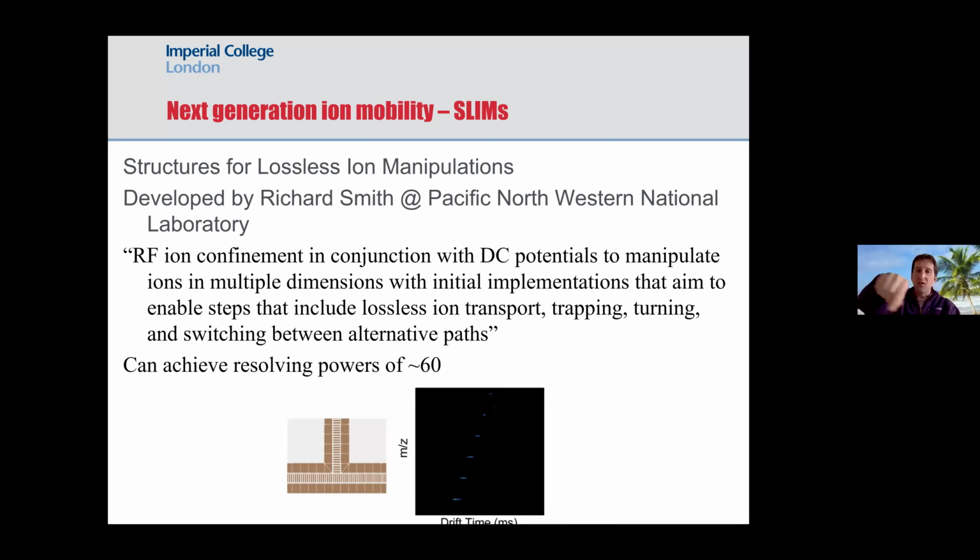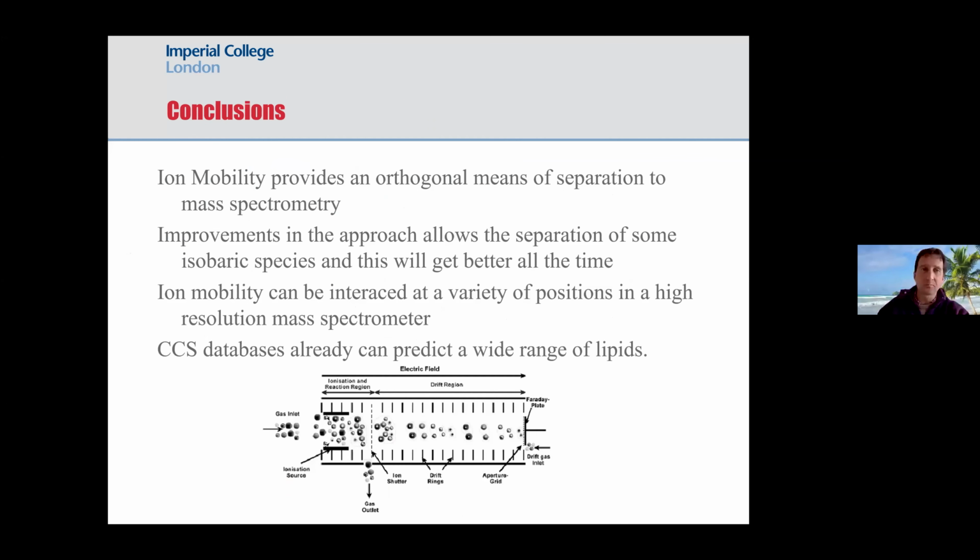And again, you can get ions to go around 90 degrees. They've got a couple of nice publications out where they're claiming resolving powers of around about 60. And I think that recently just went up dramatically. I heard them speak and I couldn't find my notes on that. So I think that's one to watch for the future.